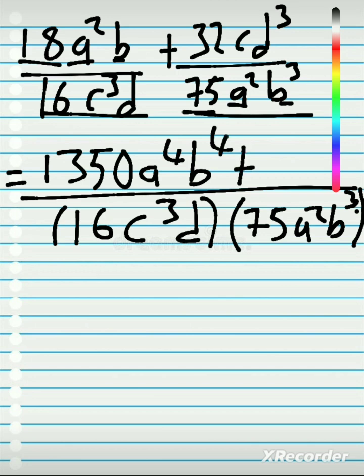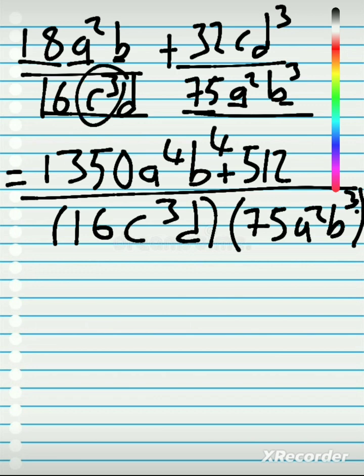Plus 16 times 32. So you get your calculator. 16 times 32, it's 512. So this is plus 512.